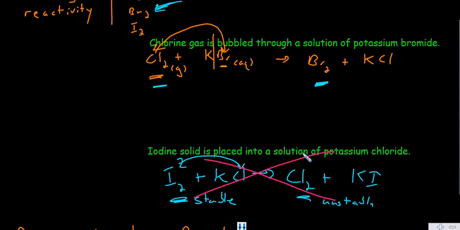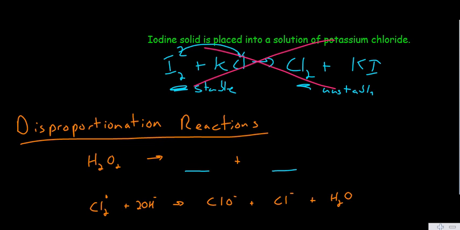Finally, disproportionation reactions. So take hydrogen peroxide. You see, the oxygen there has an oxidation state of -1. But if you heat this, you can actually get dihydrogen monoxide, water, and you can also get oxygen gas.